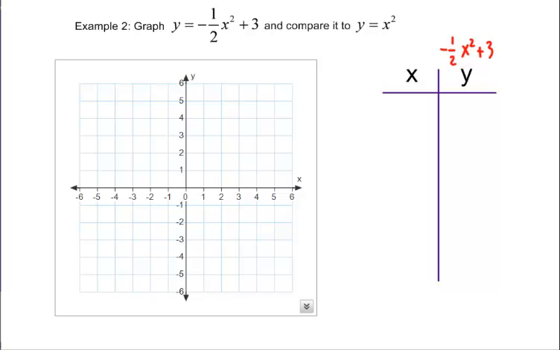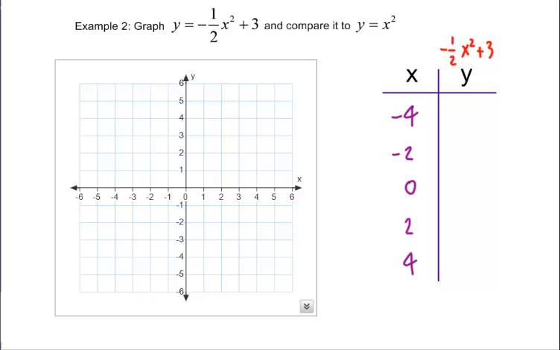And since we're going to have to divide whatever x squared is by 2, it'll be a lot easier for us to pick evens for our x values. So let's pick 5 points again, but this time let's go with -4, -2, 0, 2, and 4.